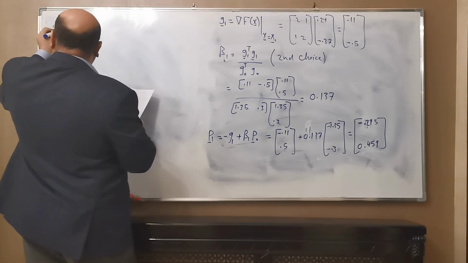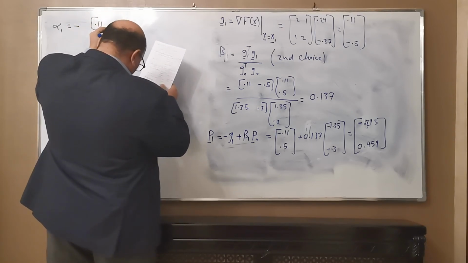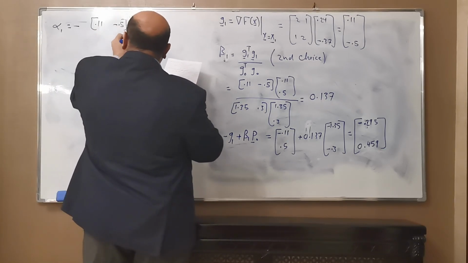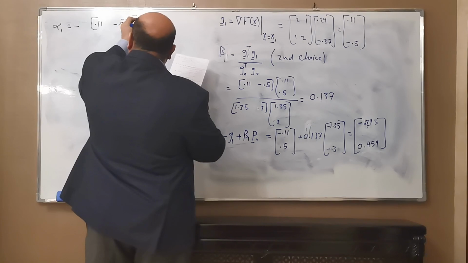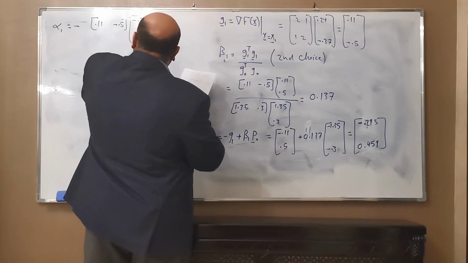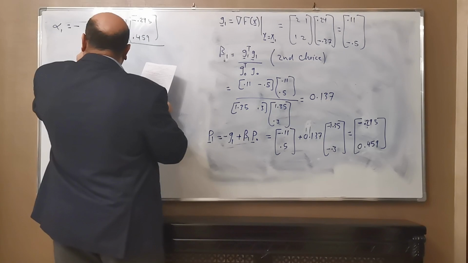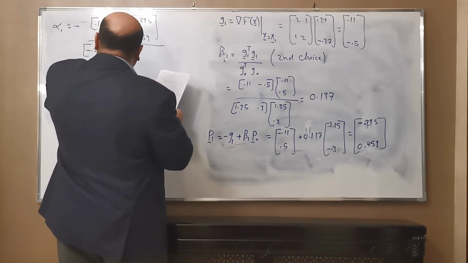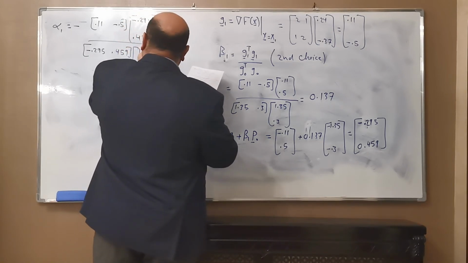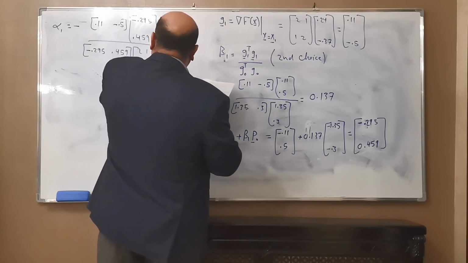So alpha 1 is equal to minus (0.11, -0.5) times (-0.295, 0.459), divided by (-0.295, 0.459) times 2, 1, 1, 2 times (-0.295, 0.459).